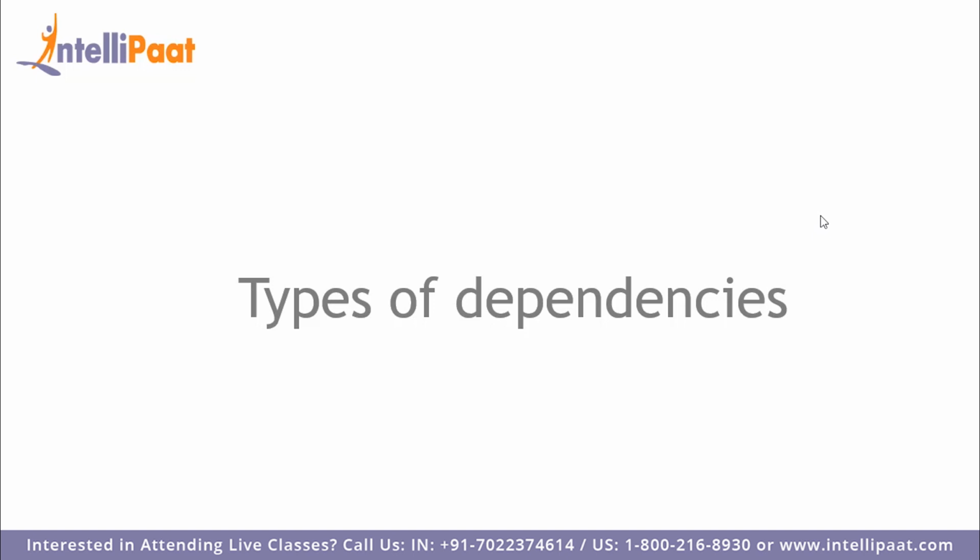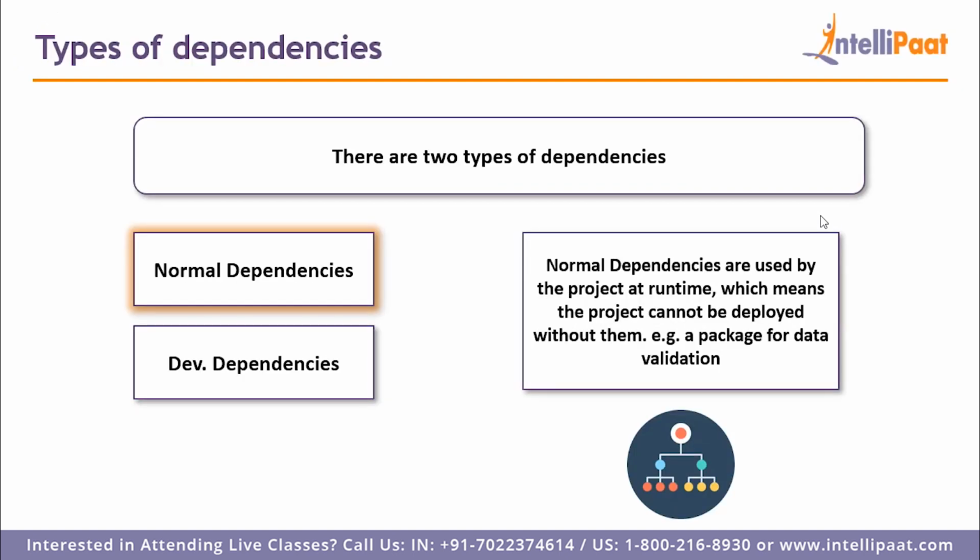So let's look at the types of dependencies. There are two types of dependencies that we come across when we are dealing with a Node.js package and an npm project. There are normal dependencies, and then there are dev dependencies, which stand for development dependencies. So what is the difference between these two?